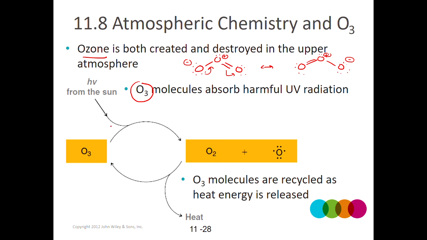And so when even some relatively low energy UV radiation, which can be harmful to people, hits these molecules, it causes them to break up. So it's a protective layer. So the O3, one of the oxygens breaks off and produces this incomplete noble gas configuration, which is especially unstable.